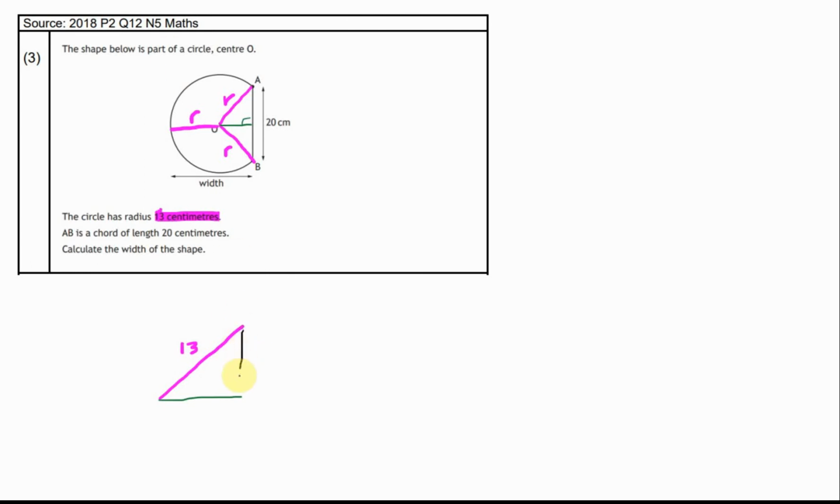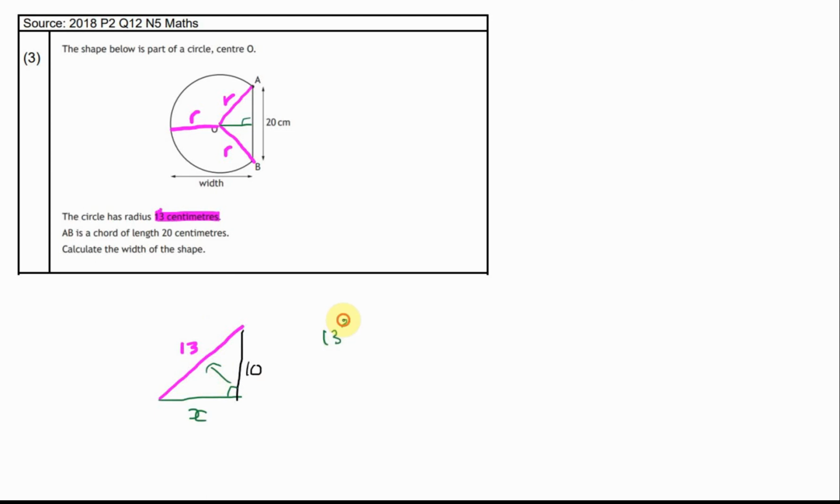We can work out this line because that line in there is half of 20. If this whole thing is 20, then that's going to be 10. And then we can work out x. I do promise my writing in real life is better than this. So let's do Pythagoras to work that out. That's our right angle, so we know alongside, it's going to be a takeaway.